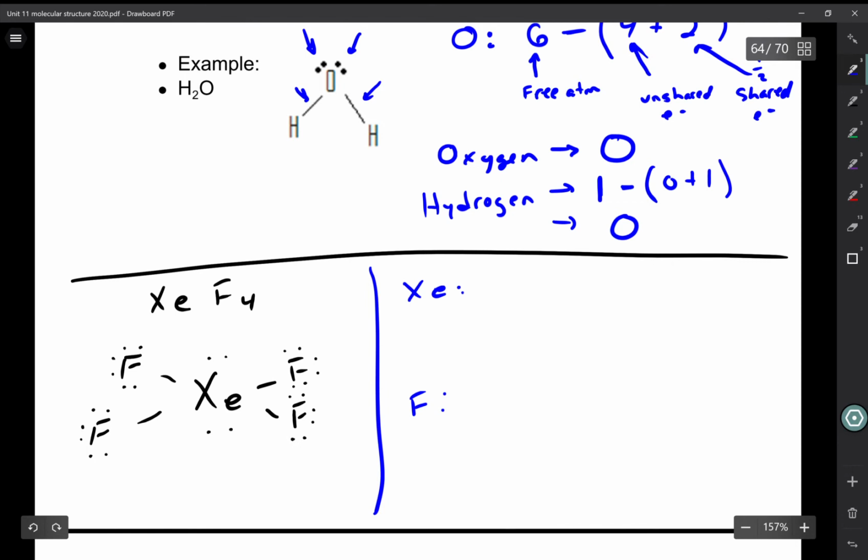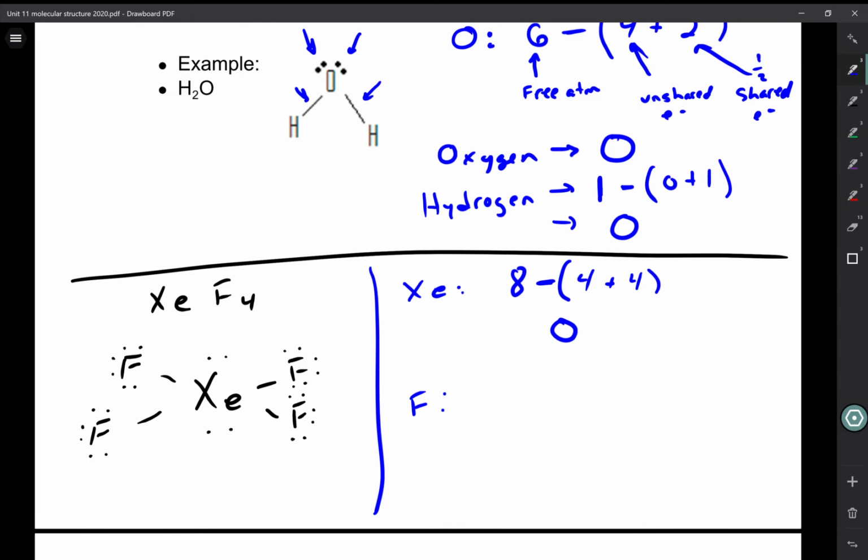All right, so xenon as a lone atom has 8, minus the number of unshared electrons, 1, 2, 3, 4, plus number of shared electrons. So 2, 4, 6, 8. Half of 8 is 4. So 8 minus 4 plus 4 is 0.